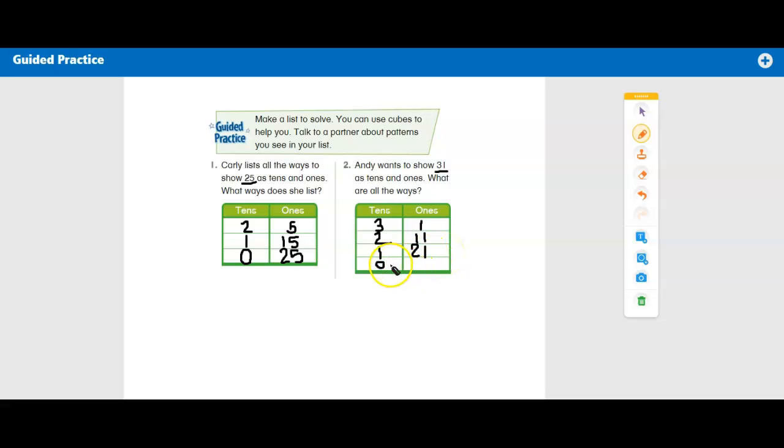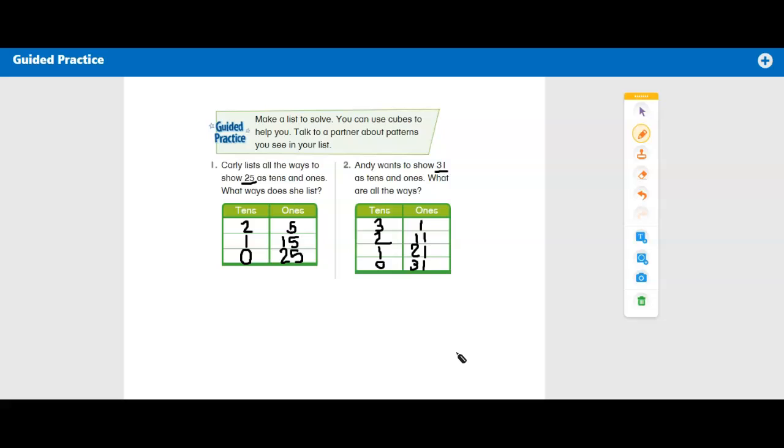Now if I have 0 tens and I can only show the number 31 by ones, I would write 31 in the blank. That brings us to the end of our guided practice.